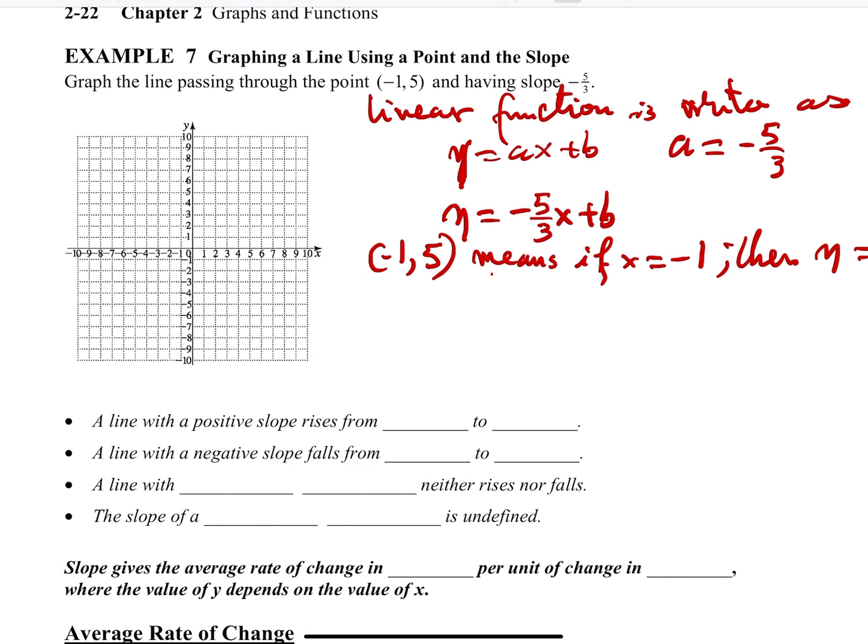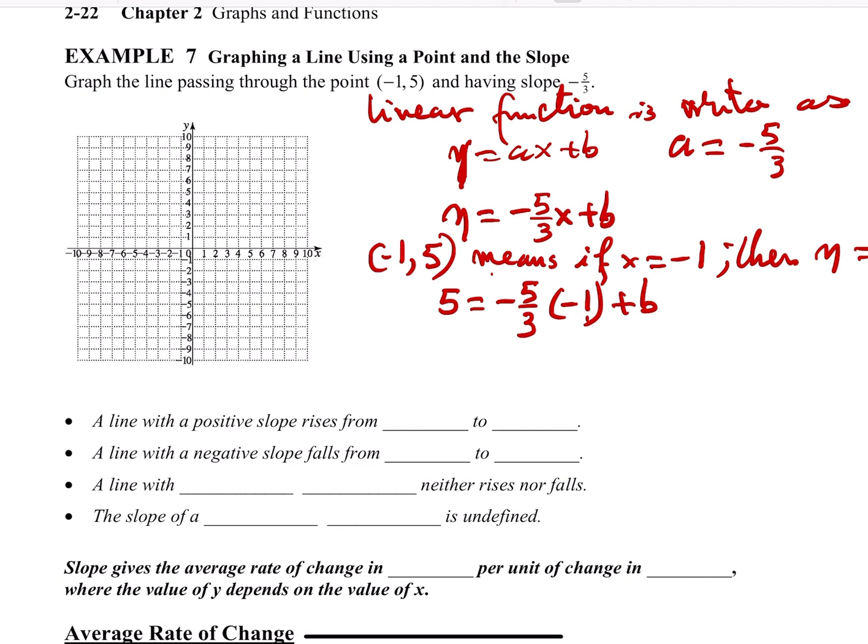So now you can just replace it in the equation. You have 5 is equal to negative 5 over 3, and x is equal to negative 1, plus b. Why do I do that? Because I want to find the b. If I find the b, it's over. I can graph easily now. Let's find the b.